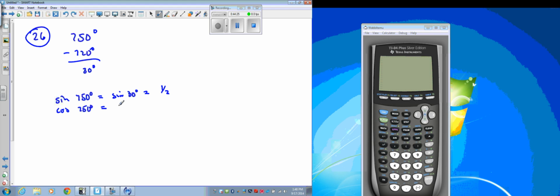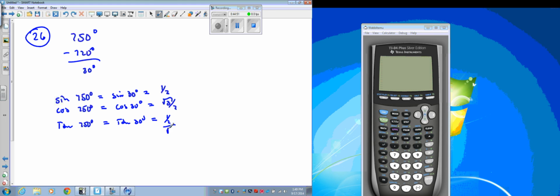The cosine of 750 is cosine of 30, which is square root of 3 over 2. The tangent of 750 is tangent of 30.